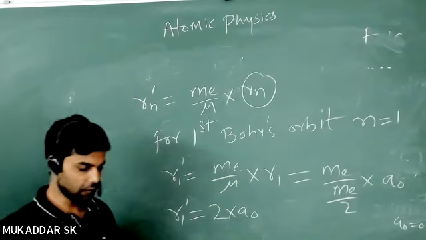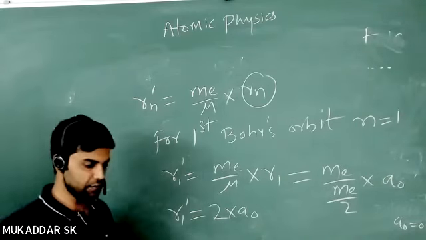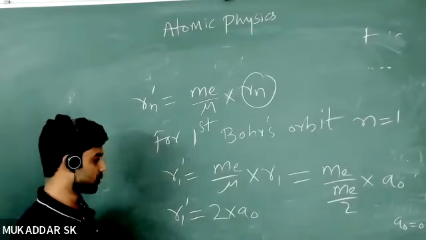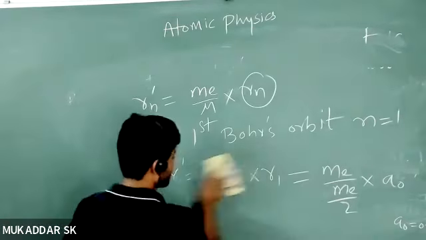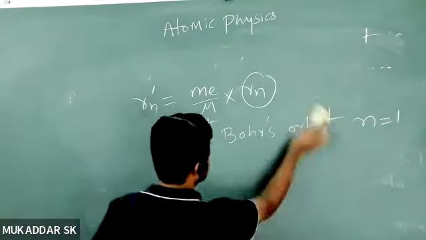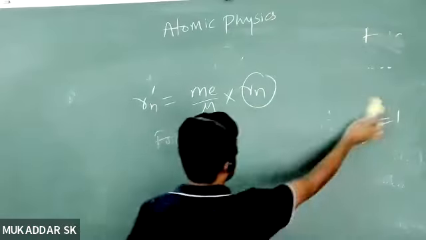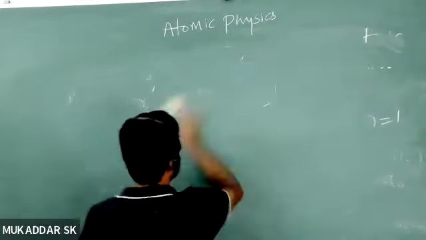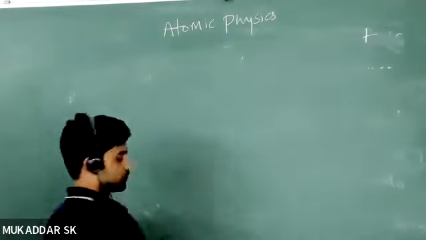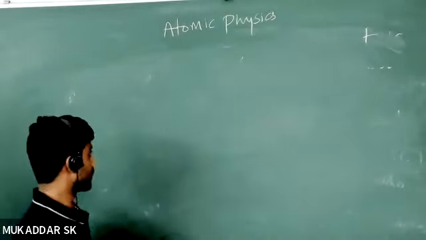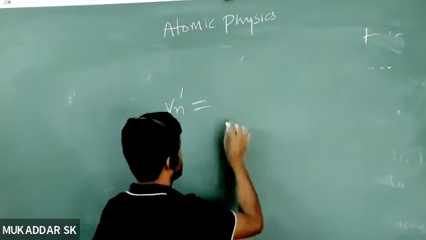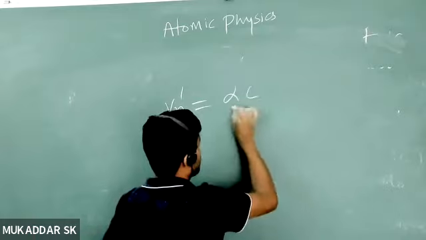Yes, sir. Okay, now can you calculate that speed in the first Bohr orbit of positronium? So speed will be how much? So if you write this expression V dash, sorry, that was alpha c by n, right?